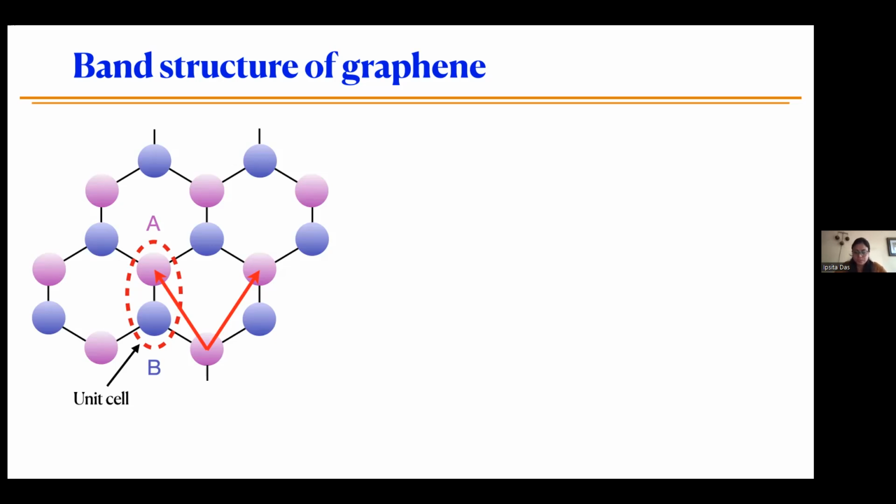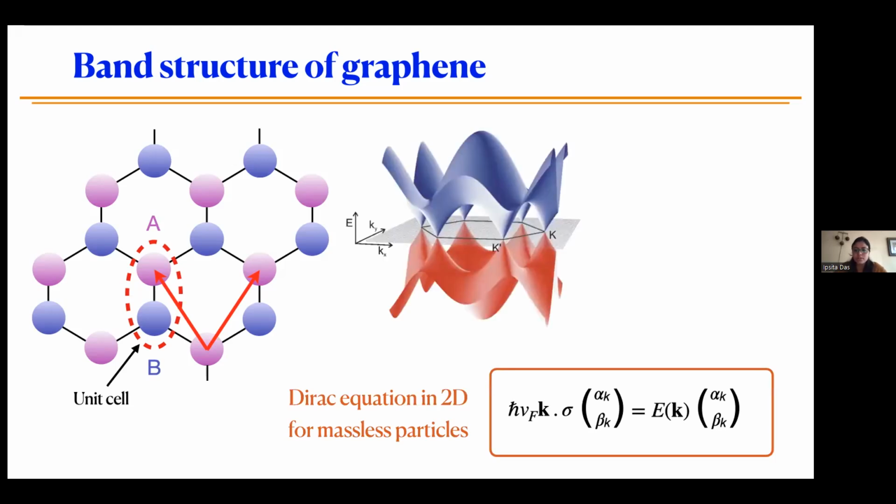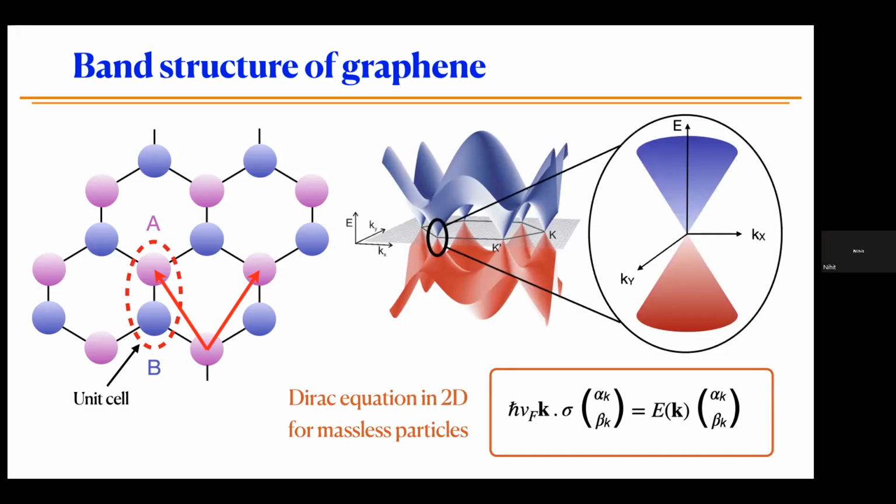If we write down the Hamiltonian for this system, it looks exactly like the Dirac equation in 2 dimensions for massless particles. If you solve this Hamiltonian, you get this band structure in energy momentum space, where if you zoom in to one of these minima, where the conduction band and valence band touch each other, you will see that they have a very linear dispersion relation, right?